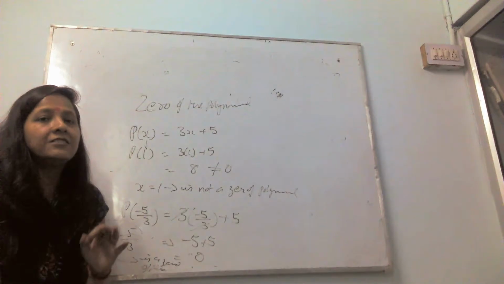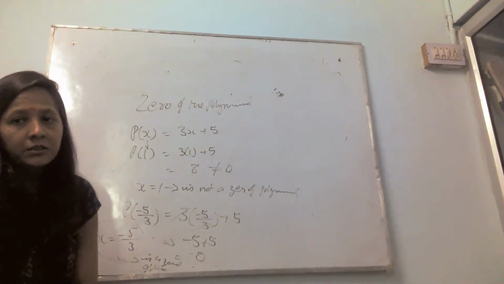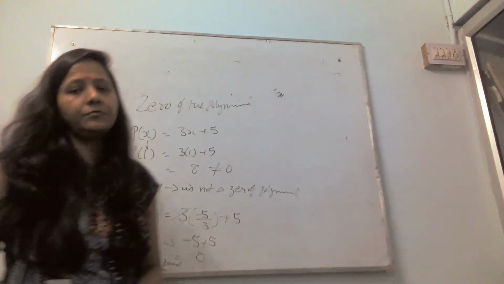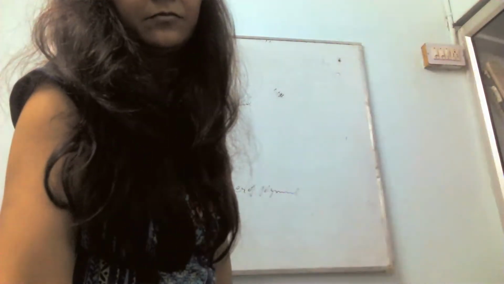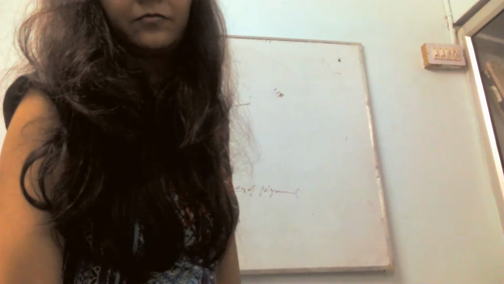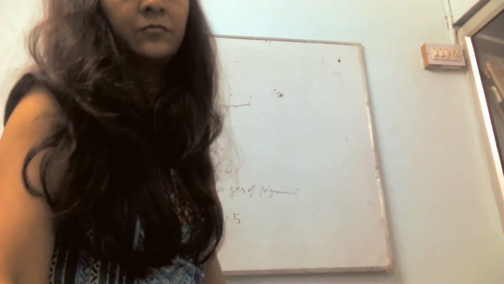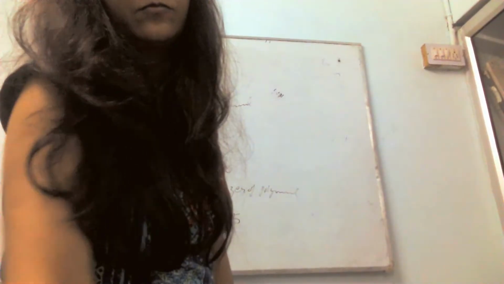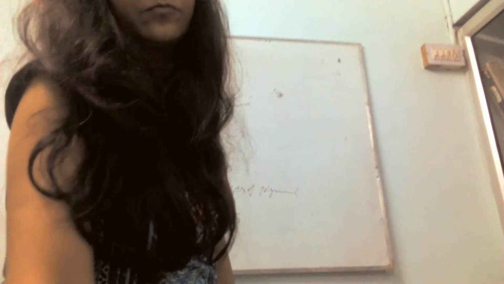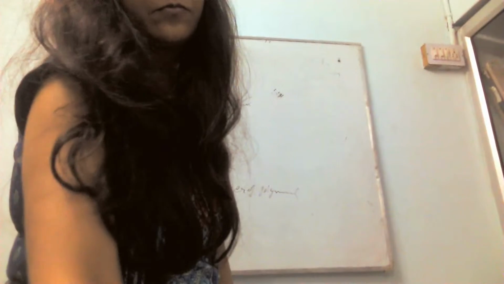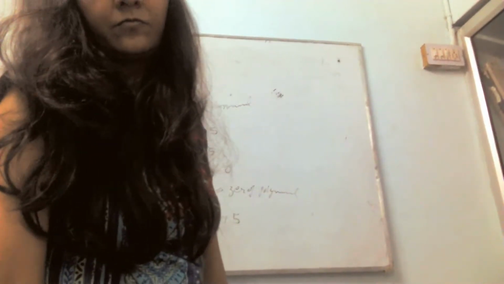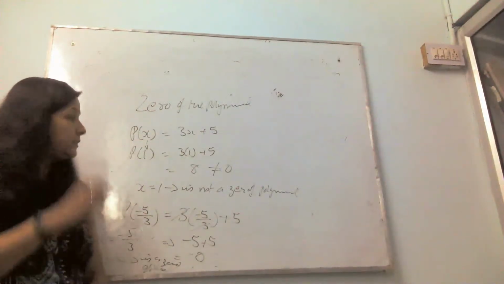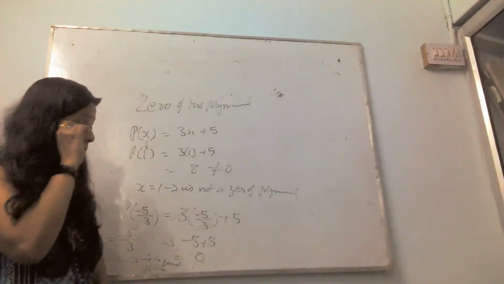That is called the zero of the polynomial.